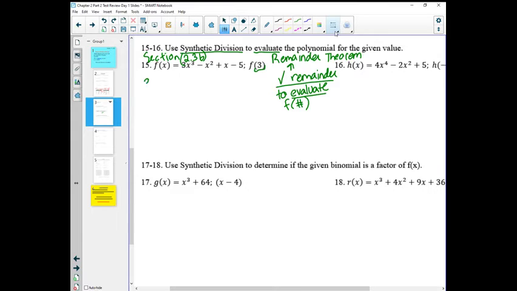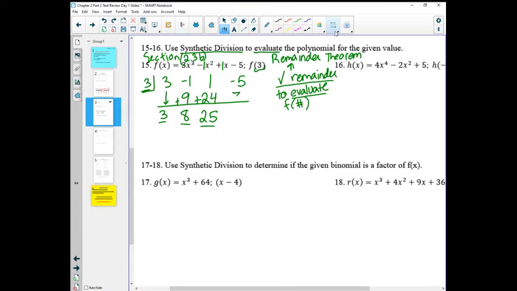Our number here is 3 that I'm going to use with synthetic division. The coefficients are 3, -1, +1, and -5. Bring down the first term, multiply, and add. Multiply 3 and 8, and add those together.